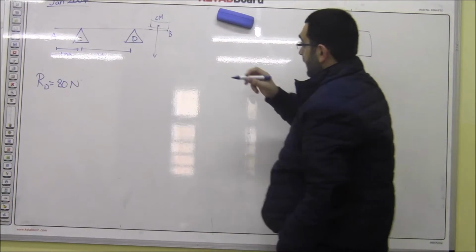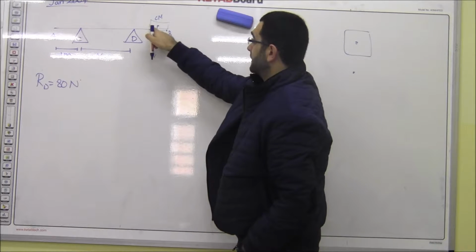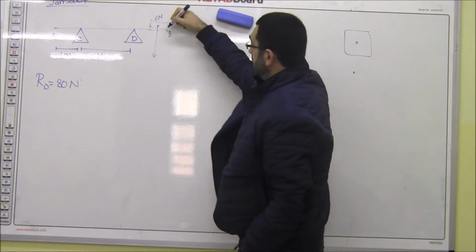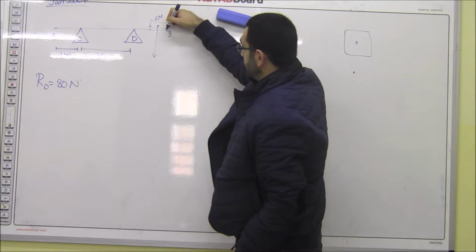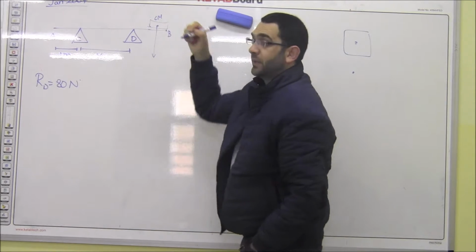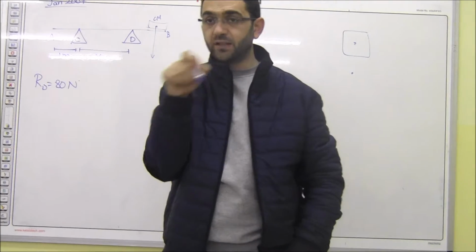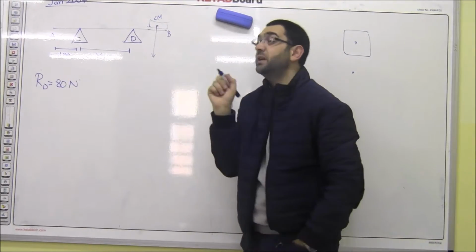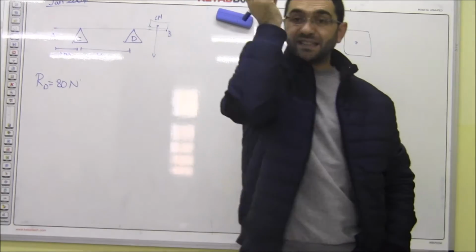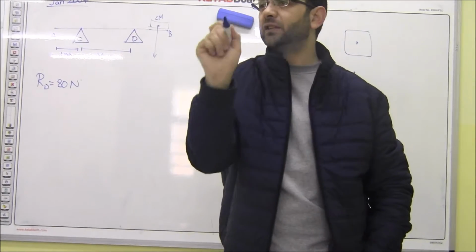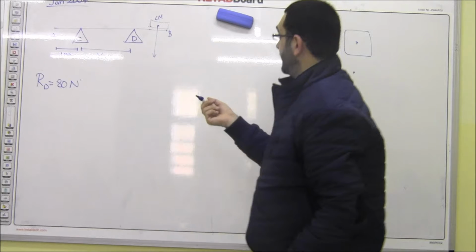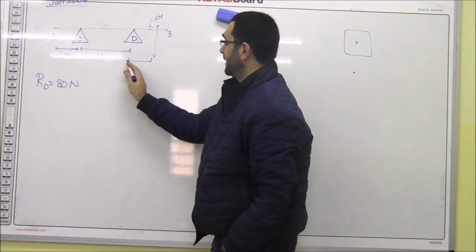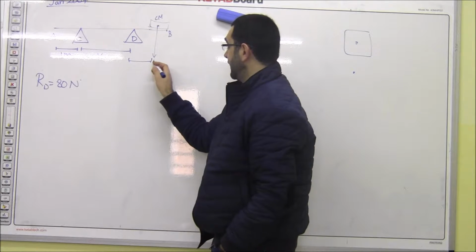But always I have to consider this object as a particle, so its center of mass lies exactly at B. If I consider it as a body or as an object like this, the center of mass may not lie exactly at B. So when I take the distance from the center of mass to D, here there's a slight change.